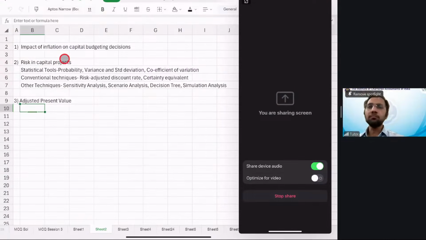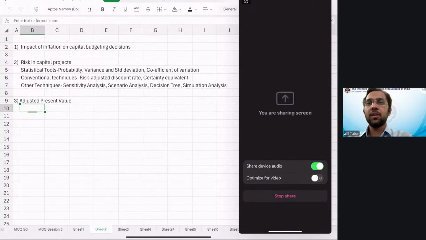The risk could be analyzed by using statistical tools, which will be probability, variance, standard deviation, coefficient of variation, certain conventional techniques, which is risk-adjusted discount rate, certainty equivalent, and other techniques like sensitivity analysis, scenario analysis, decision tree, simulation analysis. And then we had the adjusted present value as the last concept.